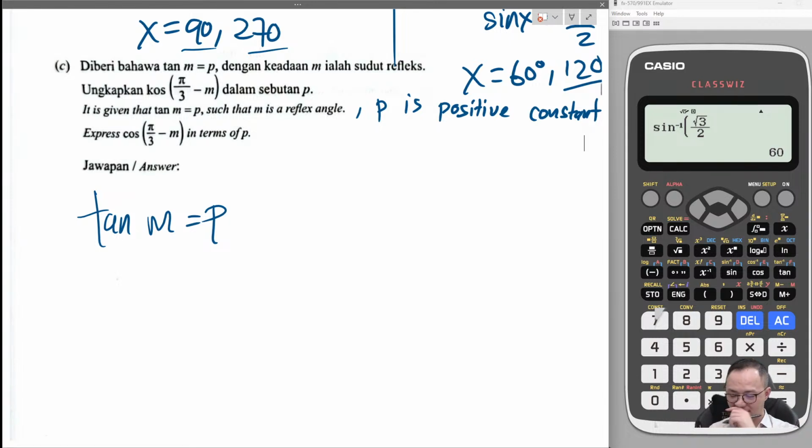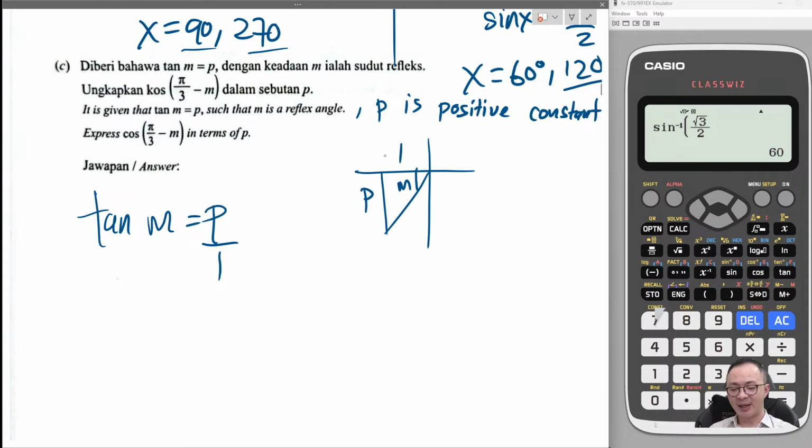Okay. So I will sketch the triangle at the third quadrant. This is my M. I assume it's positive P lah. P over 1. So tangent is what? Opposite over adjacent, right? So this is P, this is 1.